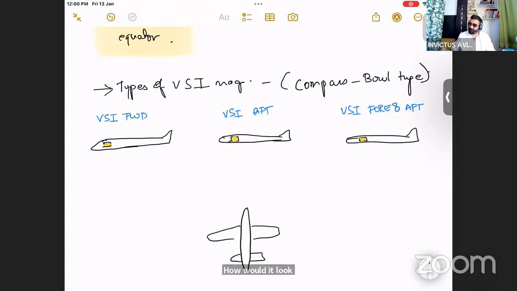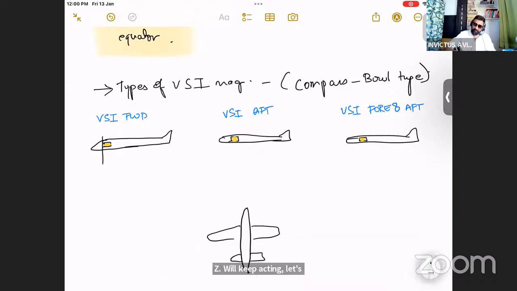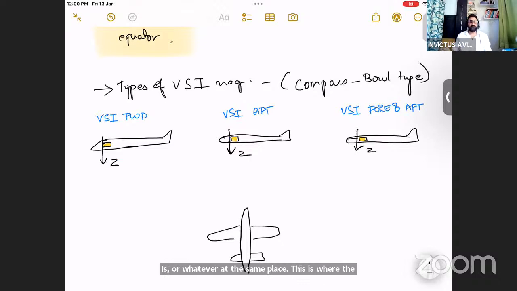So I'll show you the vertical component Z will keep acting, let's say wherever the CG is or whatever, at the same place. This is where the vertical component is acting. Zulu, Zulu, Zulu. But with respect to any aircraft, the soft iron magnetism induced could be different.